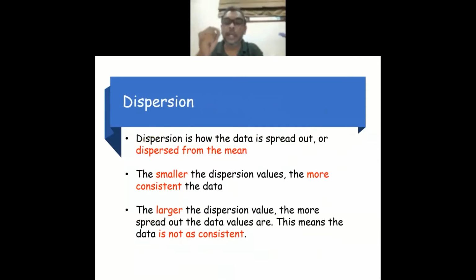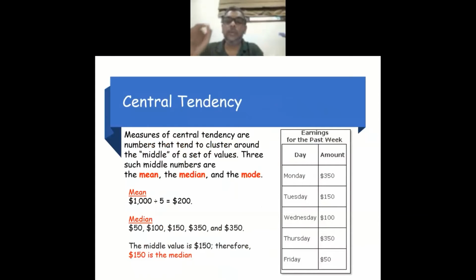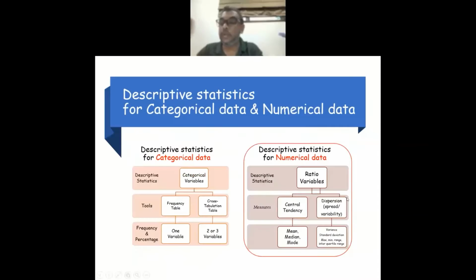Okay, dispersion. Now I'm on the slide of dispersion. Where is dispersion? Dispersion is in this part here. Let's come back to this slide. What is this slide trying to explain?